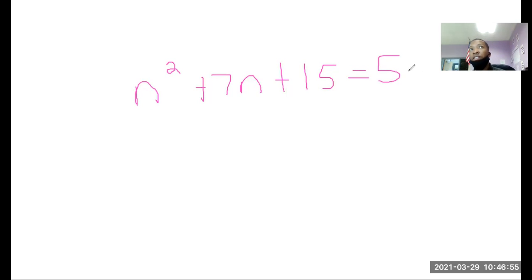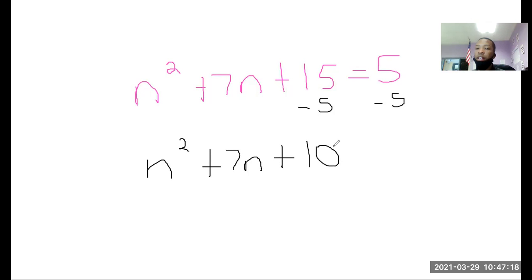So this right here is equal to 5 right now. We don't want it equal to 5. We always want it equal to 0. So I just need to move it to the other side. So since this is a positive 5, I'm going to subtract it from both sides. So then now I'm left with n squared plus 7n plus 10 is equal to 0.